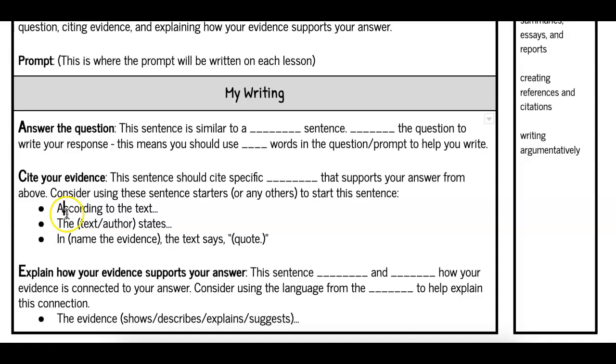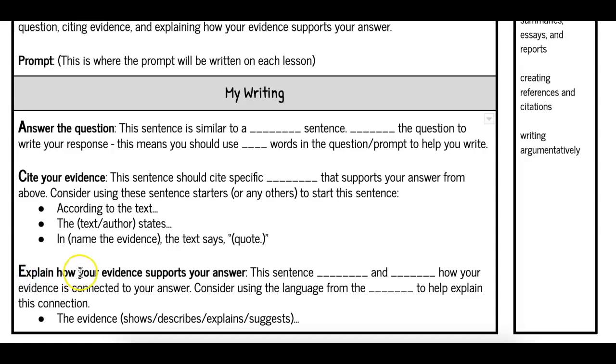So we have according to the text, and you explain, or the text or author states, and then you would explain, or in, and then you would name the evidence, the letter, the law, etc. The text says, put it in quotes, and go on from there.